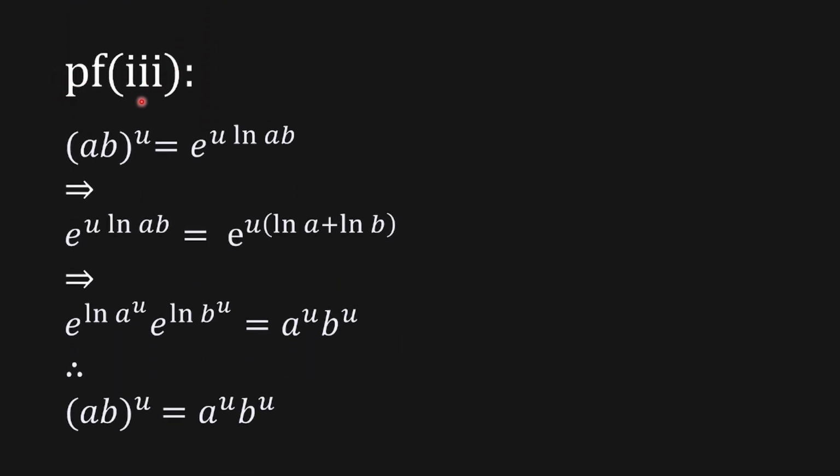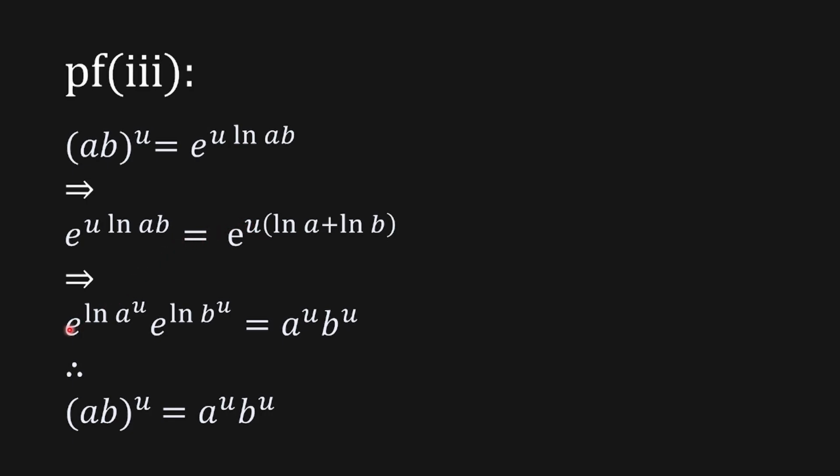Alright, proof 3. So here we're saying that a times b all raised to the power of u is equal to e to the u ln of a times b, right? This is the same kind of thought process with all the other proofs as well. So this is equal to ln of a plus ln of b, right, by the first logarithmic rule that we proved.